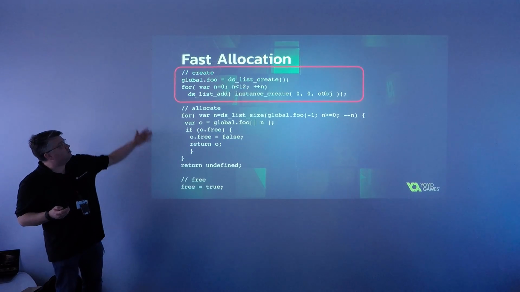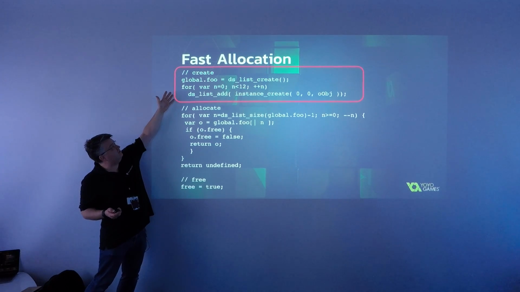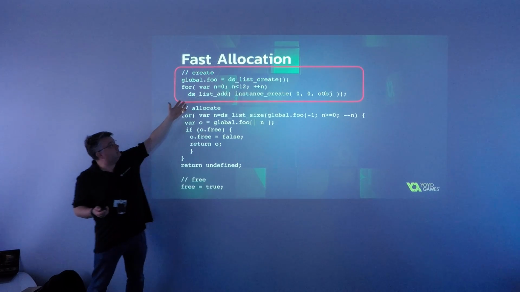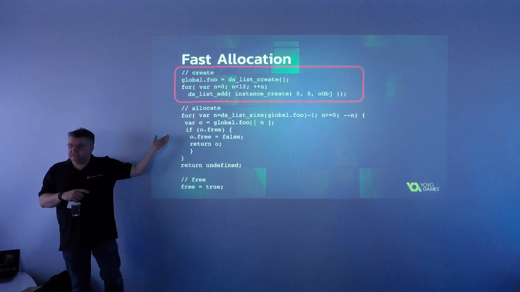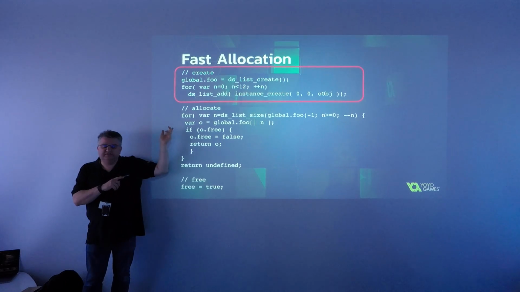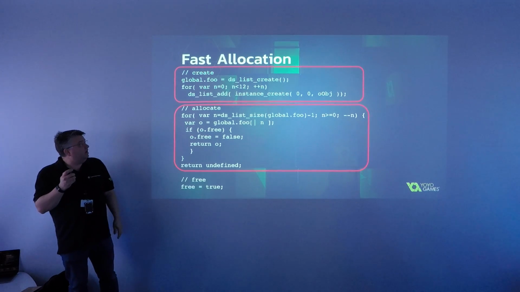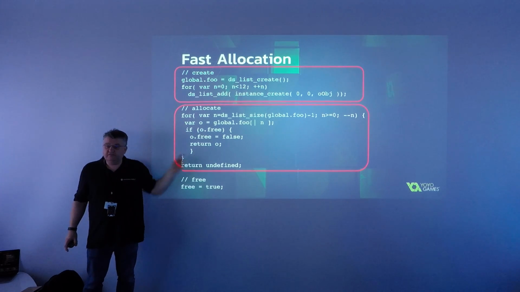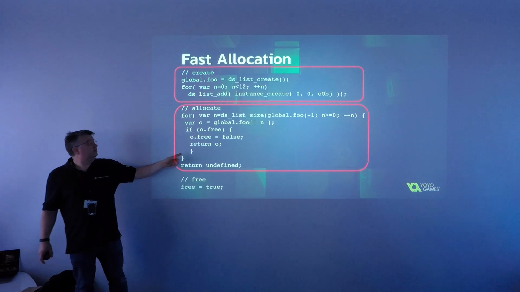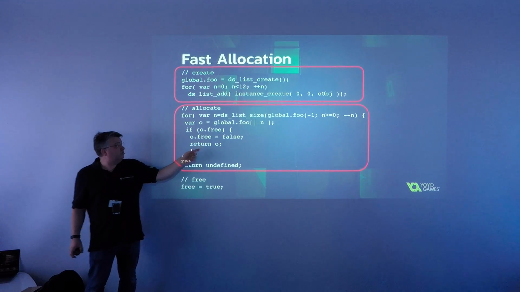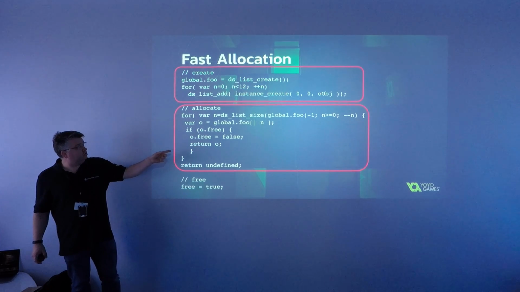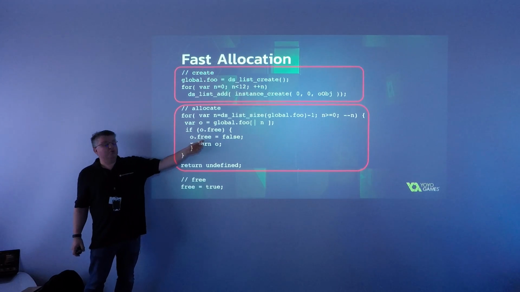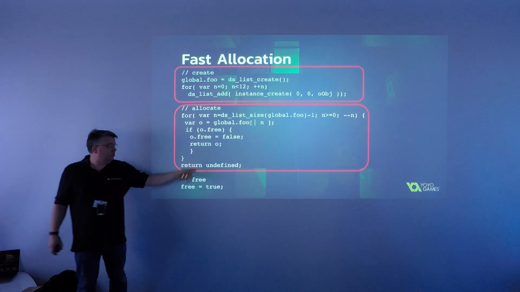So here's a little bit of code here. It does a DS list create, and then creates all the instances, sticks them in there, and then you deactivate the instance. I've not got that bit of code up there, but you just deactivate the instance. Inside the allocate, find the free objects, make them not free, basically, and return the actual object.